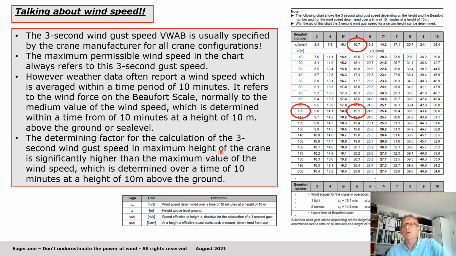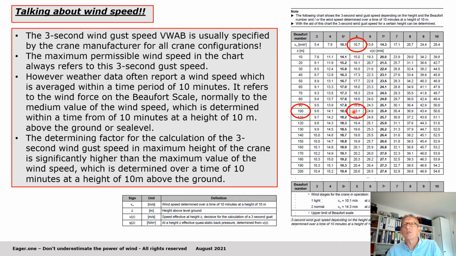And when you look at this table, it makes quite a difference. When you have a speed of 10.7 at a Beaufort 5, and a crane with a boom height of 100 meters, you have to consider 19.1 meter per second.